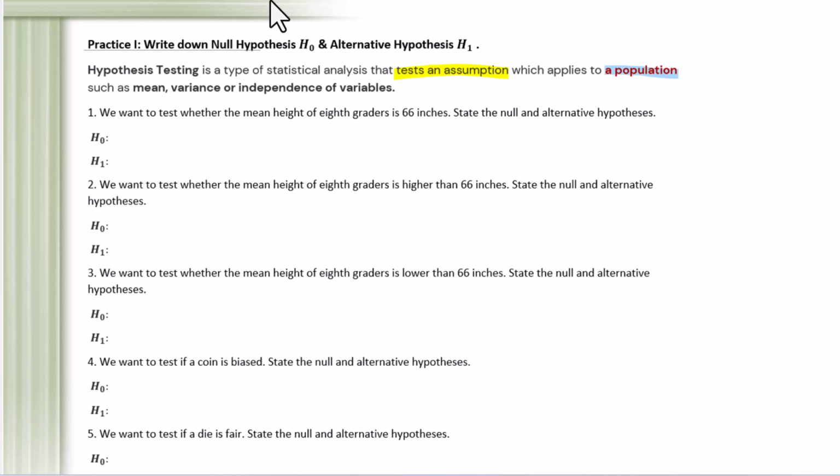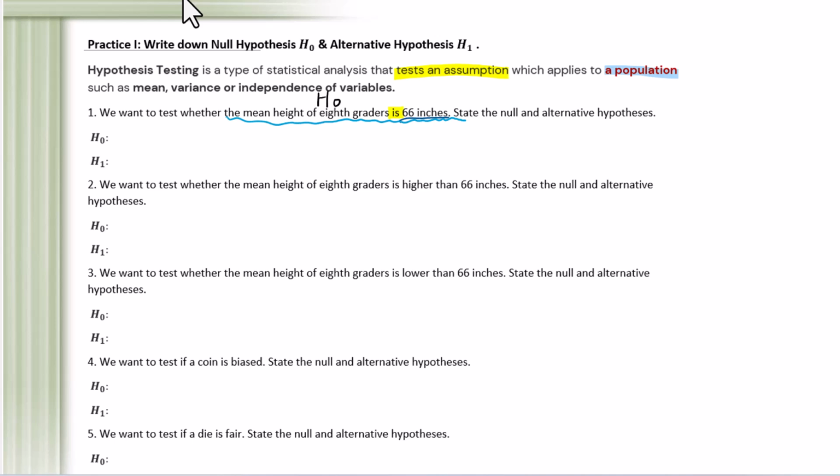Question 1. We want to test whether the mean height of 8th graders is 66 inches. First step, we need to check what we are testing. The mean height of 8th graders is, keywords here, is 66 inches. So this is H0.